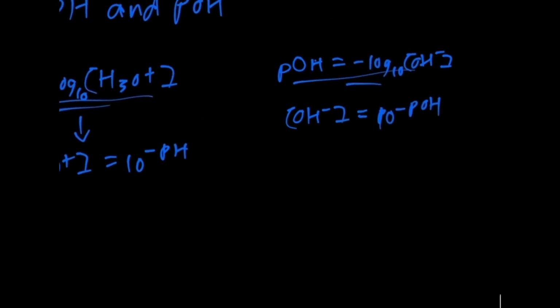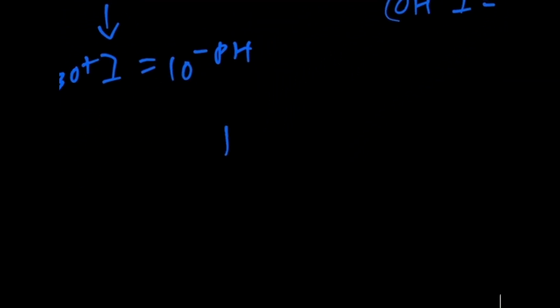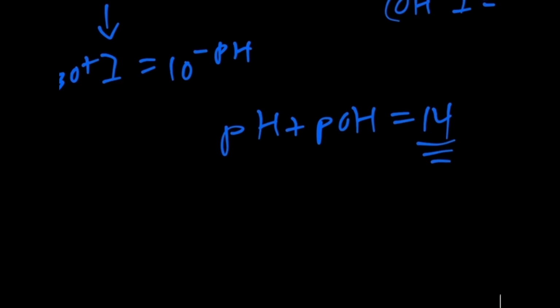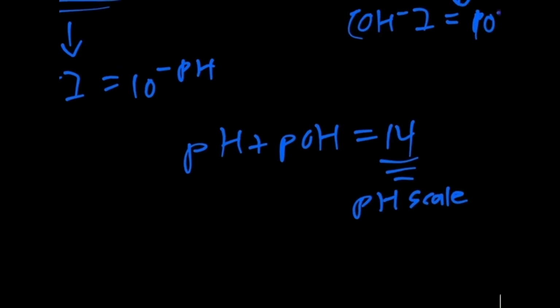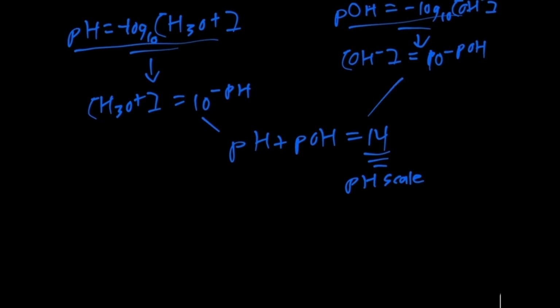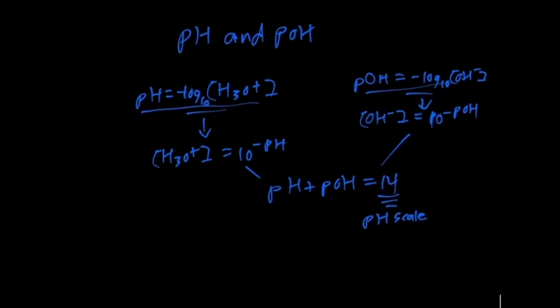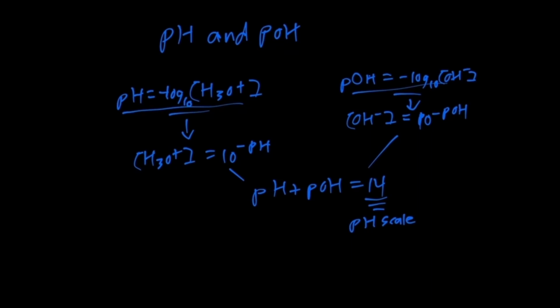To combine these, pH plus pOH always equals 14, because 14 is the maximum on the pH scale, right? And so using these equations, we can always interchange between pH, pOH, hydronium concentration, and hydroxide concentration to find whatever value we want to find.